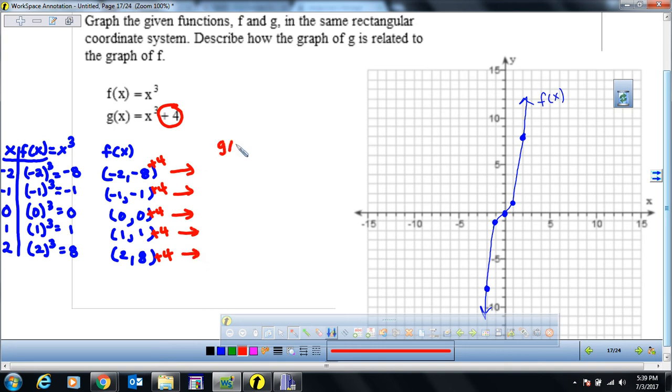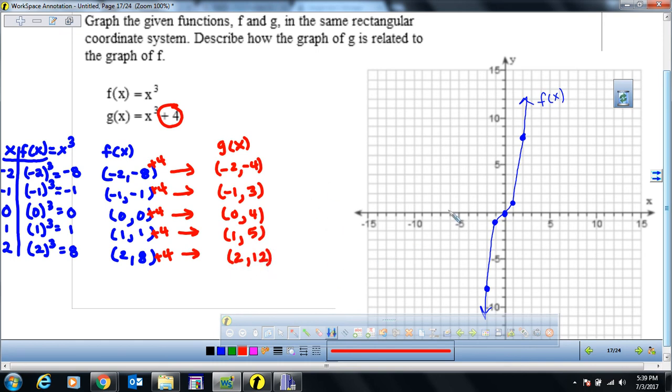My function g of x is going to contain the points (-2, -8 plus 4 is -4), (-1, -1 plus 4 is 3), (0, 0 plus 4 is 4), (1, 1 plus 4 is 5), and (2, 8 plus 4 is 12).